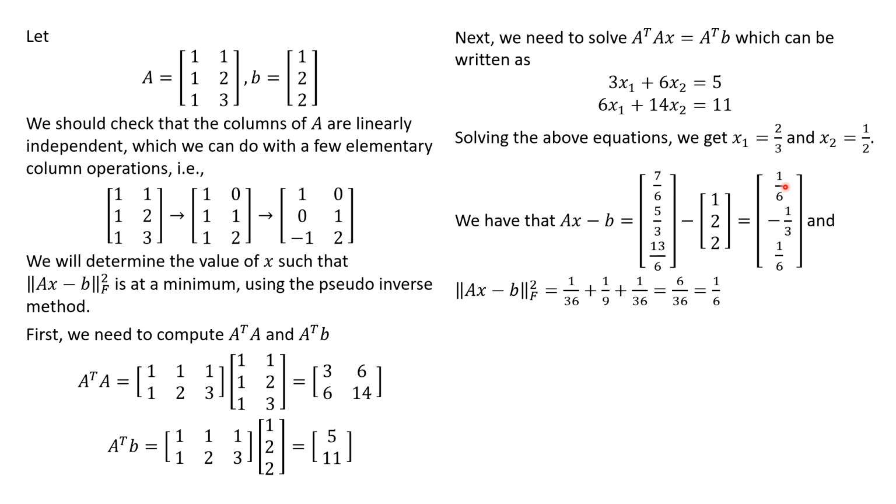So you get 1/6 squared plus 1/3 squared plus 1/6 squared, so you get 1/6. That's the smallest value that you can get. For all the possible values of x that you could pick, this is as close as you can get to actually finding a solution to that system of equations. You're off by 1/6 in terms of this norm.